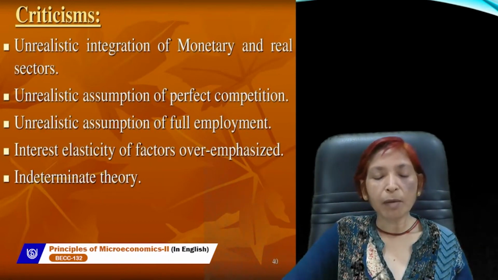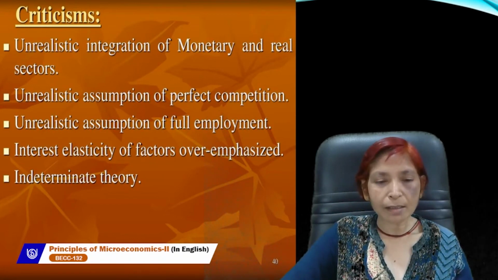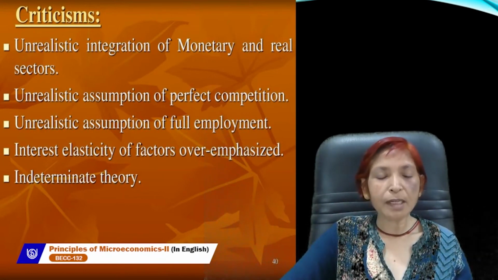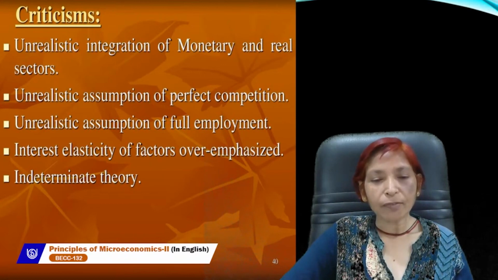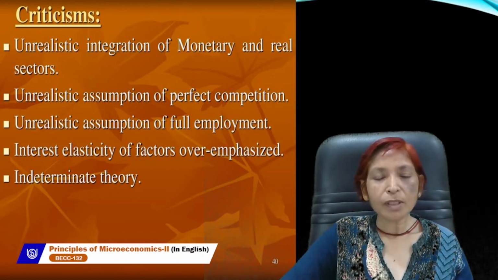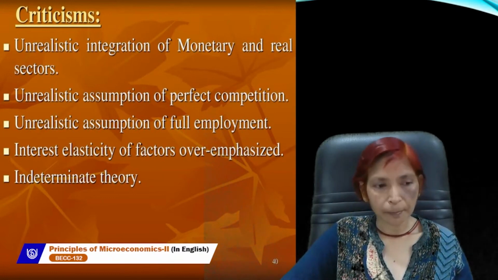After that, it will become maximum, and at last it starts falling. So the elasticity of factors is very overemphasized; we should emphasize it in a lesser way. So this is also a criticism of this theory.